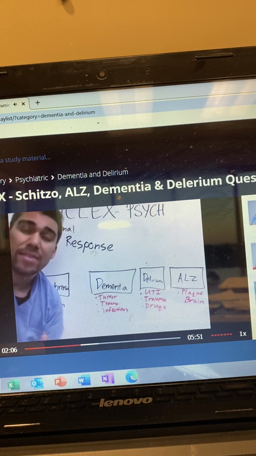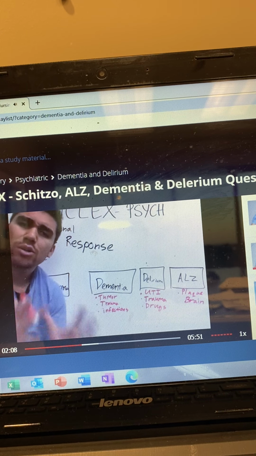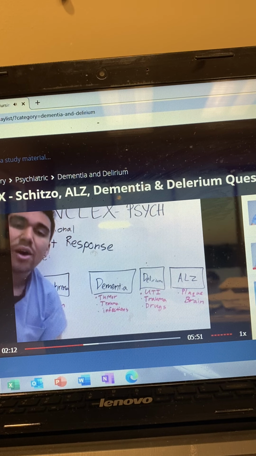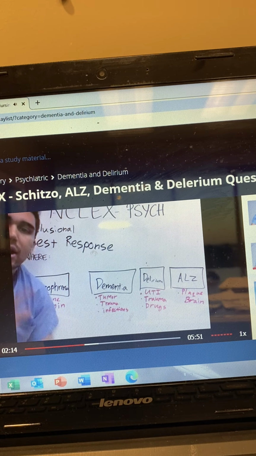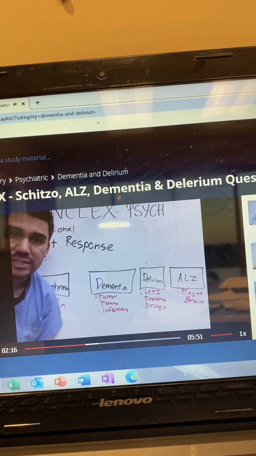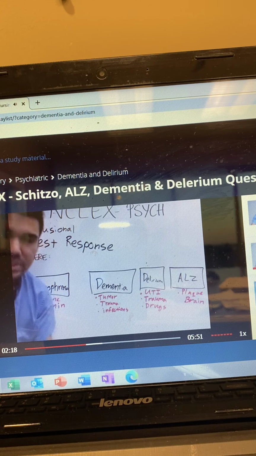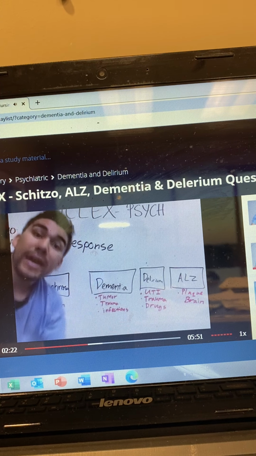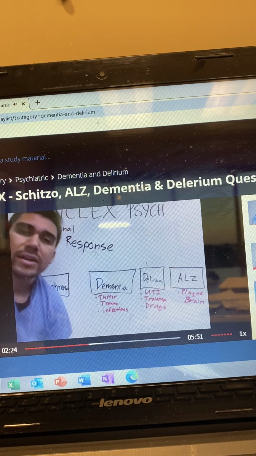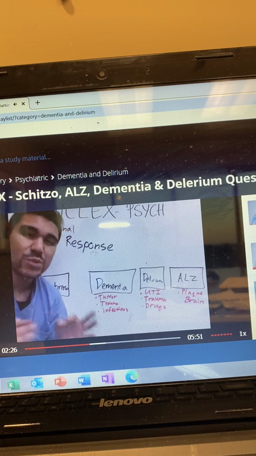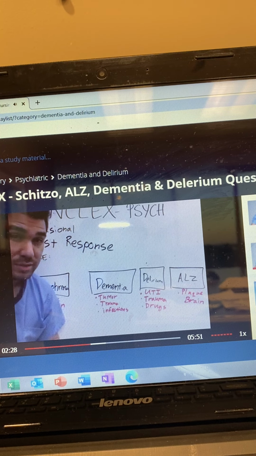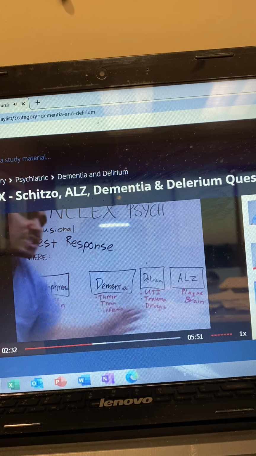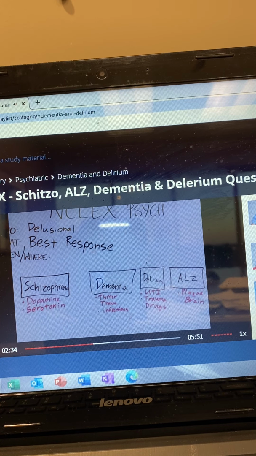There's different pathophysiology behind all of them. They all share similar signs and symptoms because they all have altered level of consciousness. That makes sense. So they all come from different families, but they all kind of share some similar qualities. That's what gets so confusing for nursing students. But as long as you know the patho, where they started from, you'll be okay.